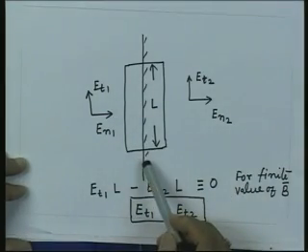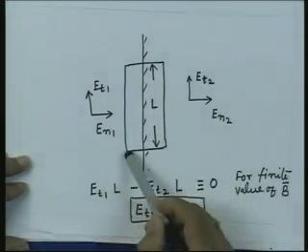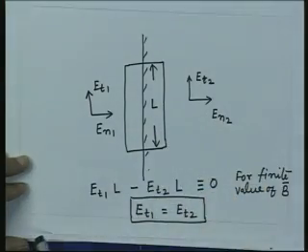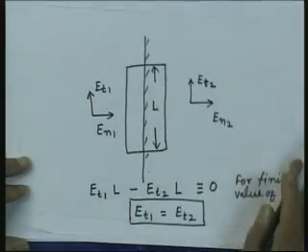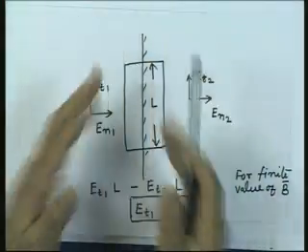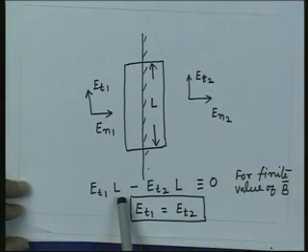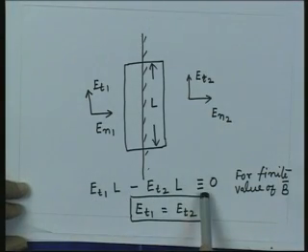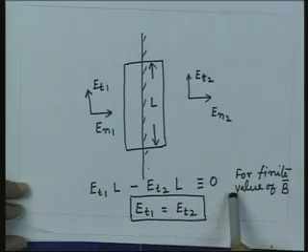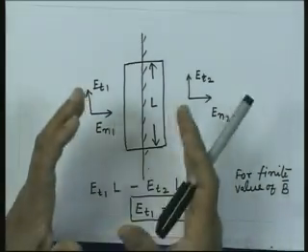So, we will have a contribution to the line integral from this side and from this side. So, the total line integral when the size of this loop goes to 0 will be Et1 into L minus Et2 into L, and that is equal to the rate of change of the magnetic flux enclosed by the loop.